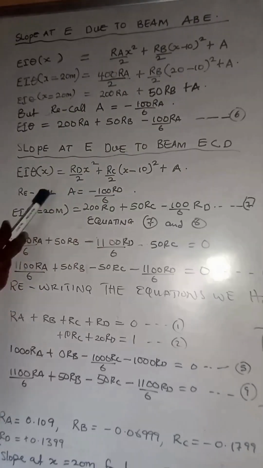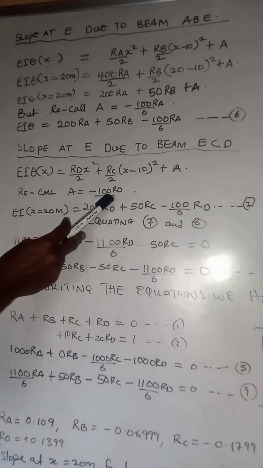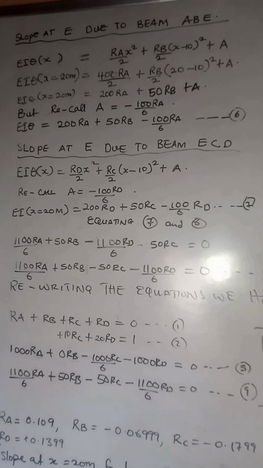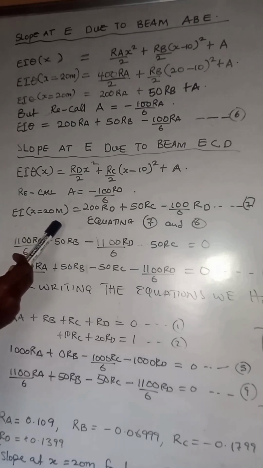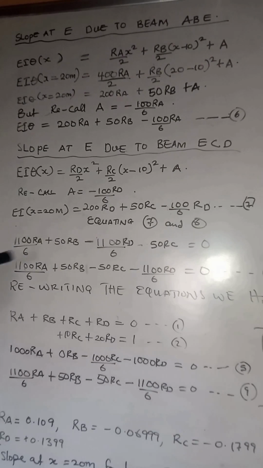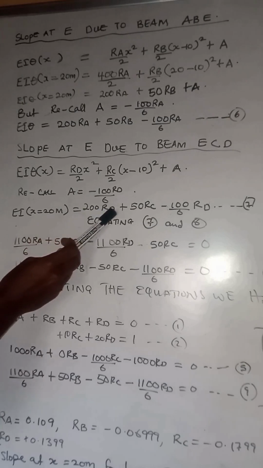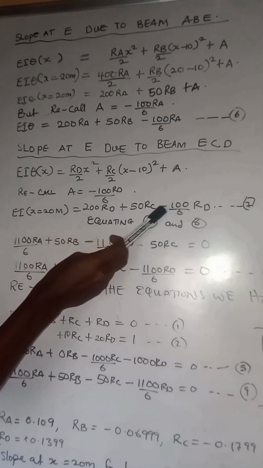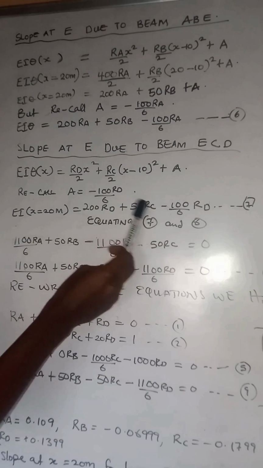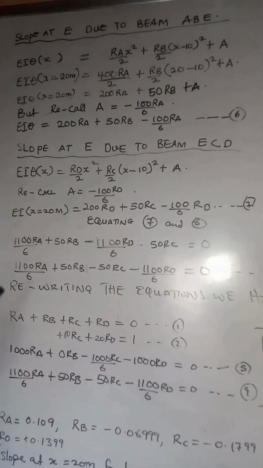Recall the A in this beam, we have it to be minus 100 RD over 6. So we are going to substitute that value of A in beam ECD. If we do that at x equal to 20 in the slope expression, we are going to have that expression rewritten as 200 RD plus 50 RC minus 100 over 6 RD. We can call this equation 7.